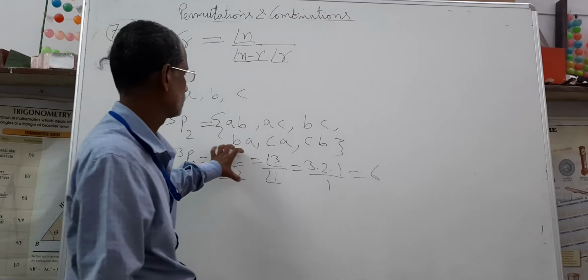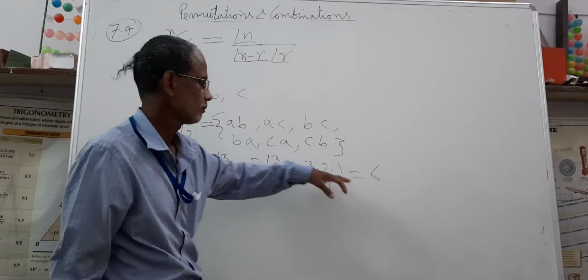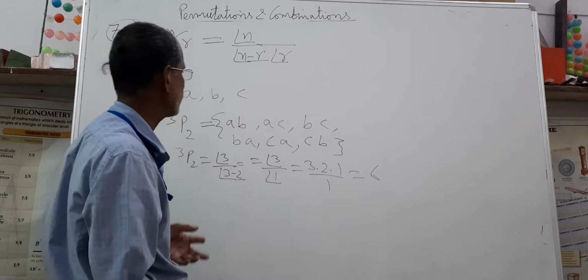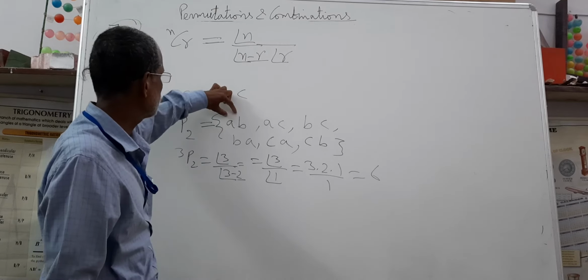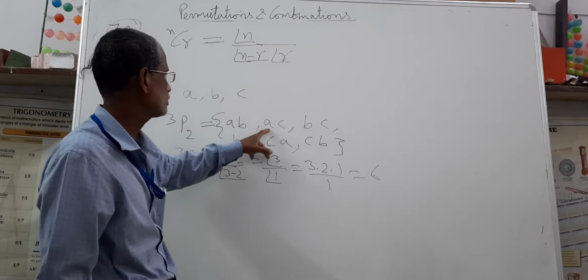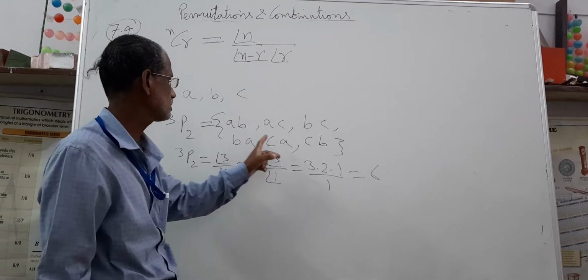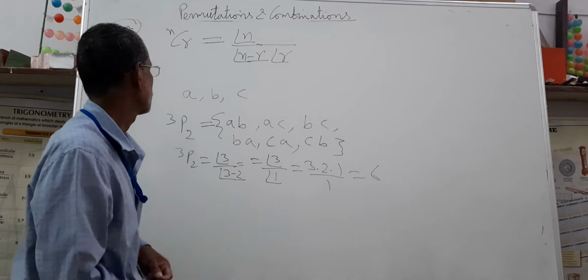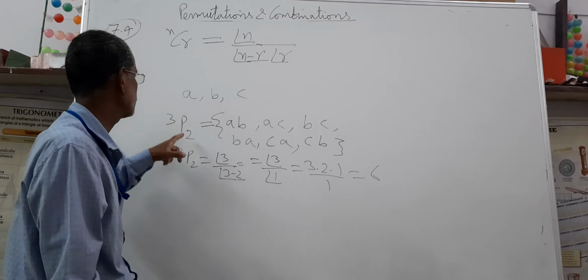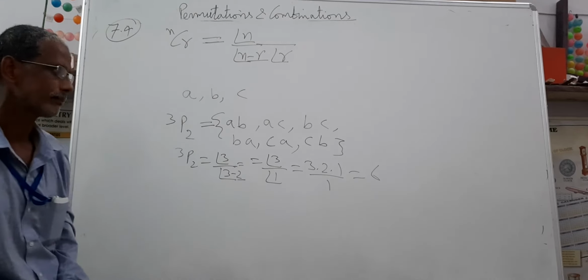This is the answer by formula. But what are the arrangements in reality? Actually the arrangements are AB, AC, BC, BA, CA, CB. These are 6 arrangements of 3 things taking 2 at a time.